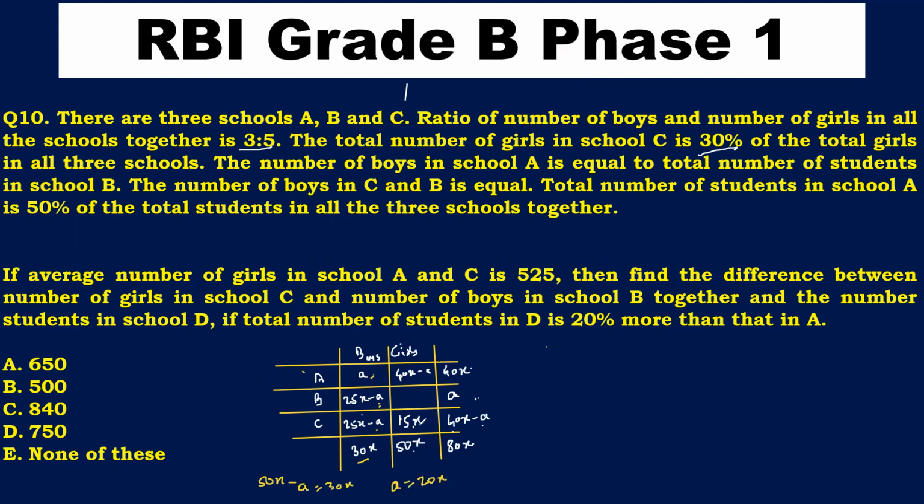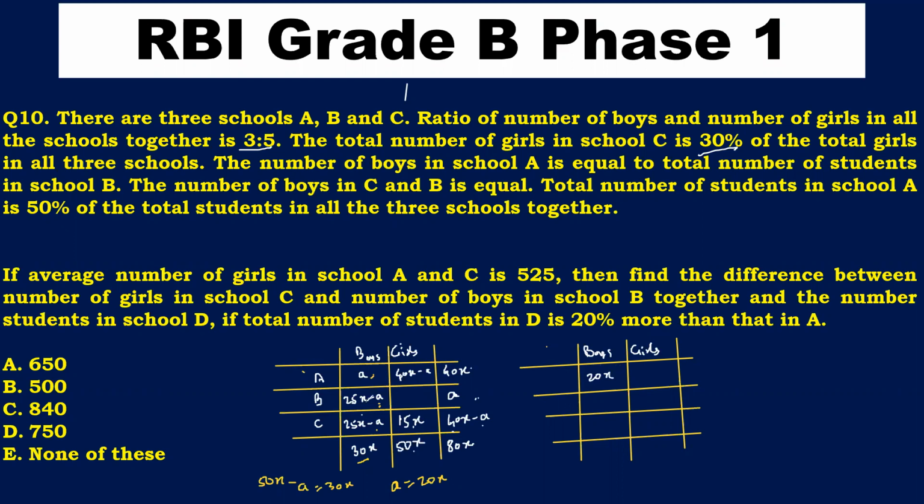Once you know the value of A, we can form once again the same table with value of A as 20x. This is boys. This is girls. This is 20x.